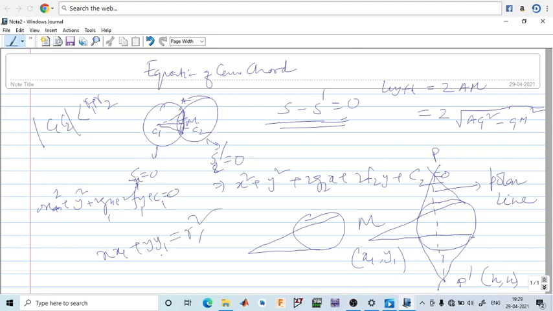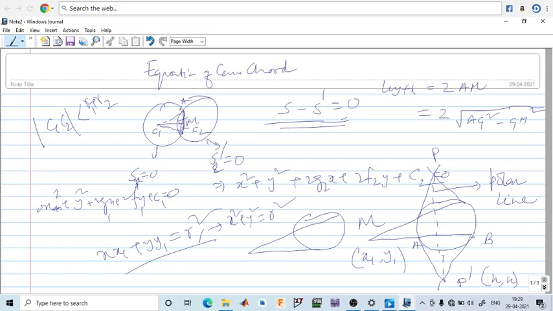The equation of the circle is x square plus y square equals r square. It is the same as that of the chord of contact. Suppose this is AB, the chord of contact. So the locus of M will be quite similar to the chord of contact.